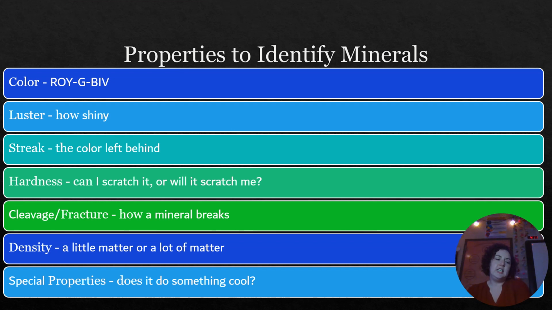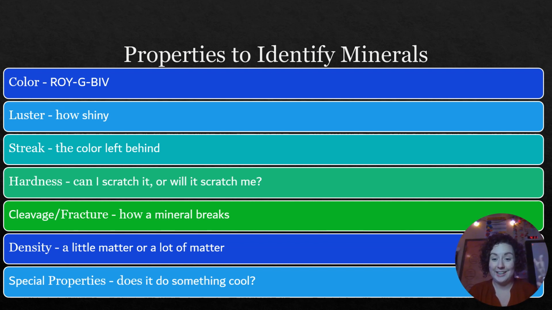Okay, so here are the different tests. You are going to be going through 7 different tests to be able to identify a potential mineral. The first test is color, looking at your Roy G. Biv. So what color does your sample look like? The difference between this yellow sample and this red sample.